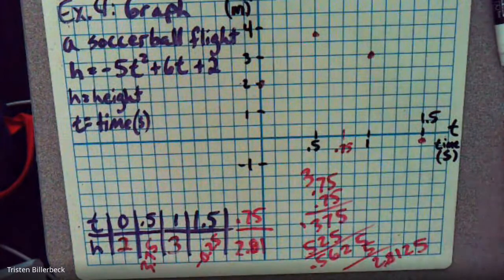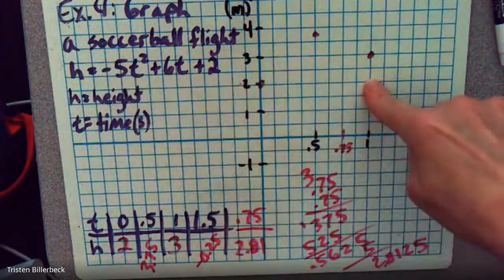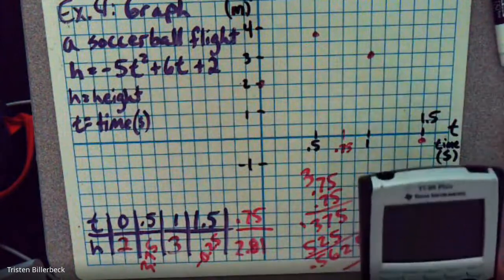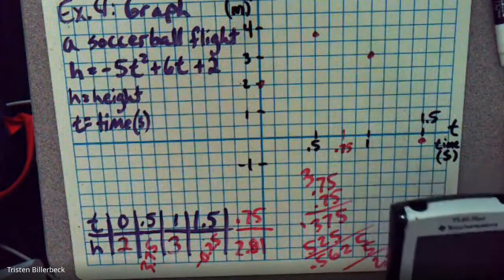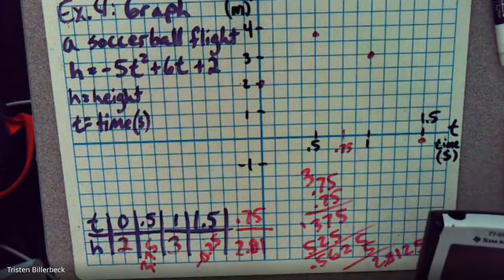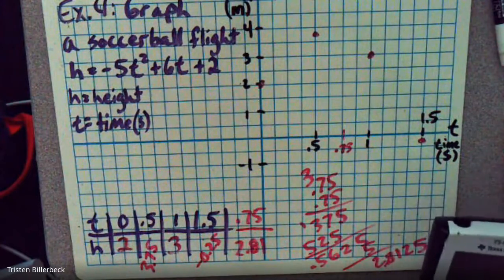Okay, so we have a little problem here. Let me get the calculator out. I must have made a mistake. Okay, so we have 1 squared. One of these is not right. So let me do the 0.75, because that's most likely the one that's not right. Times -5.